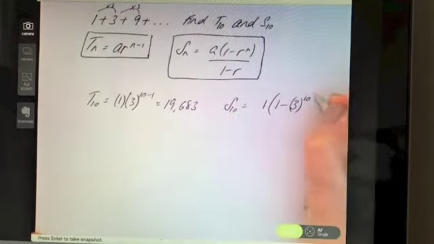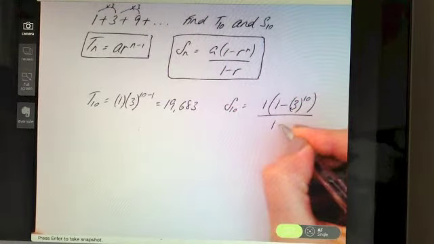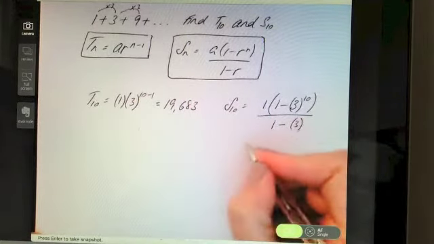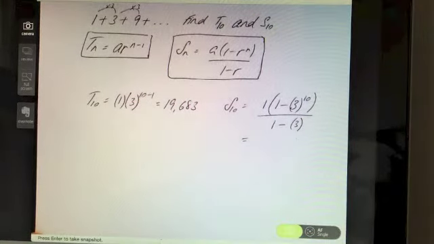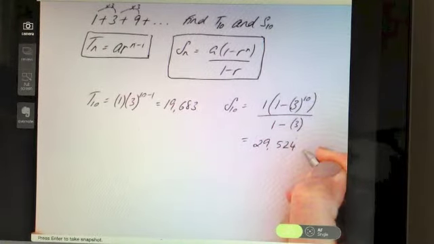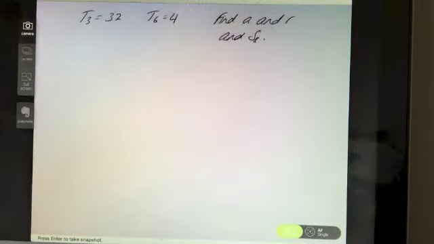We want the sum of the 10 terms over 1 minus the common ratio 3. Just be careful putting this into the calculator, but when you do that, we get 29,524.